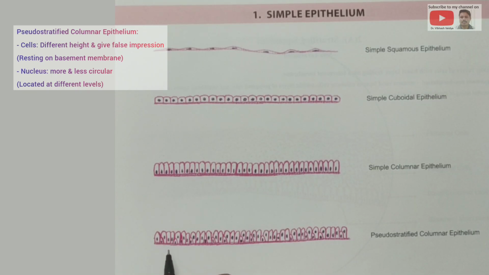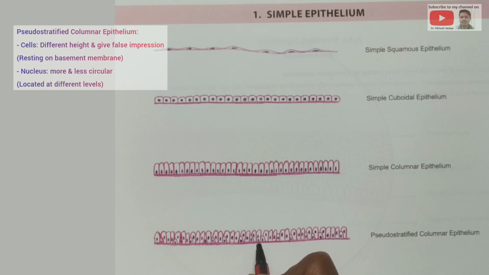You can appreciate here the basement membrane, and over it tall cells resting, and also small basal cells resting here, and these tall cells and basal cells are not of the same height.